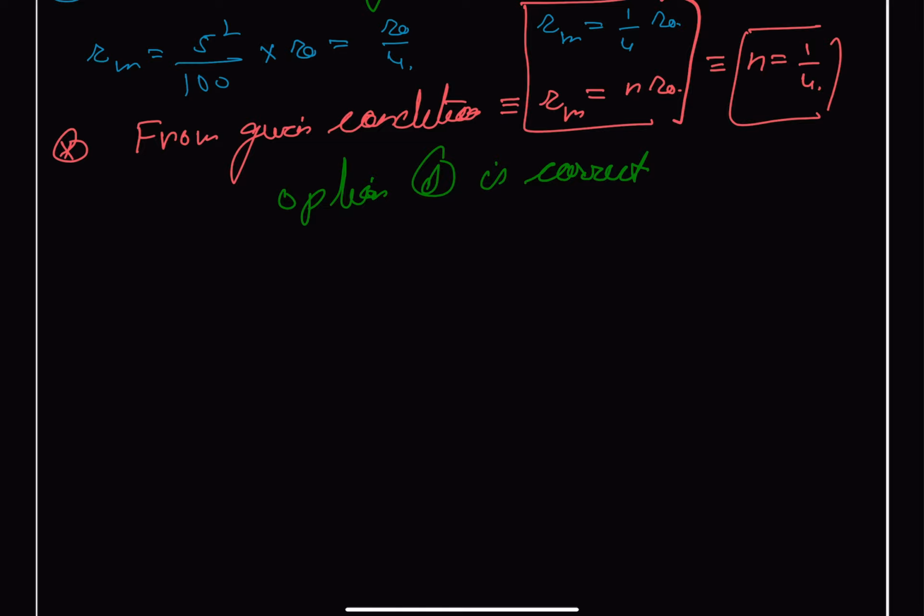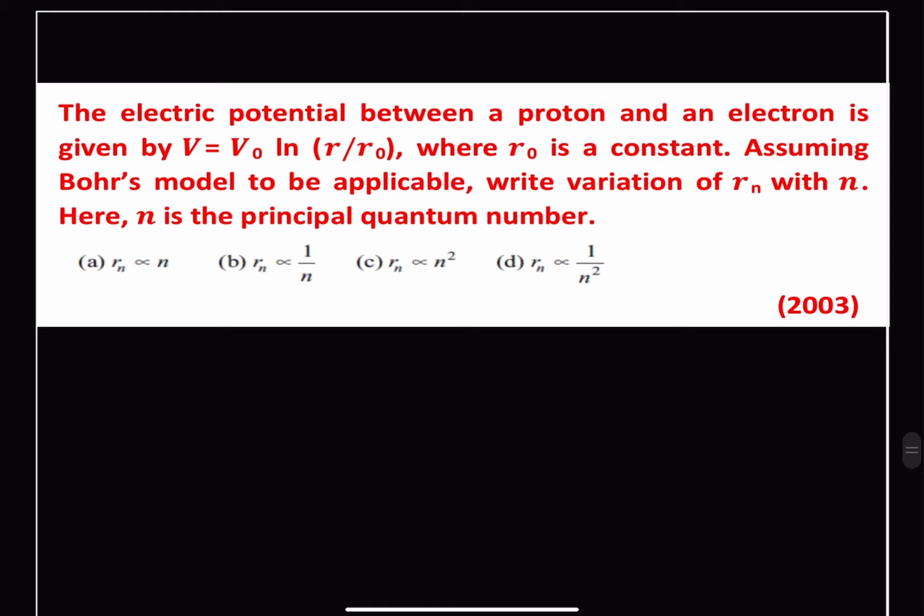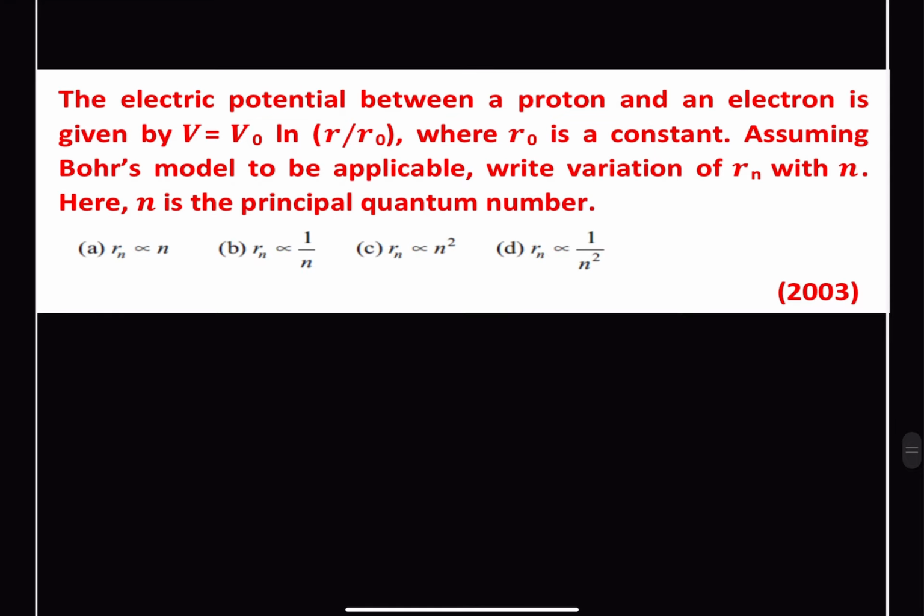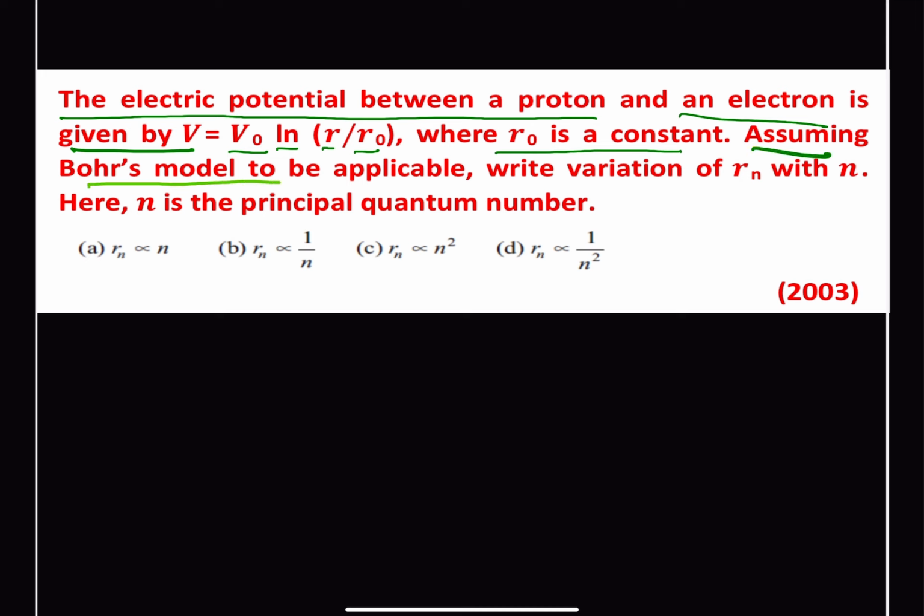Next question. It states that the electric potential between the proton and the electron is given by V is equal to V naught natural log of R upon R naught, where R naught is a constant. Assuming Bohr's model to be applicable, write the variation of Rn with n. Here n is the principal quantum number.